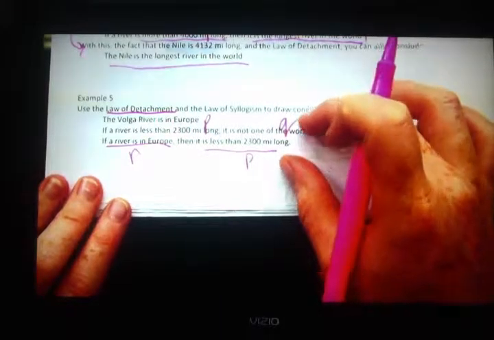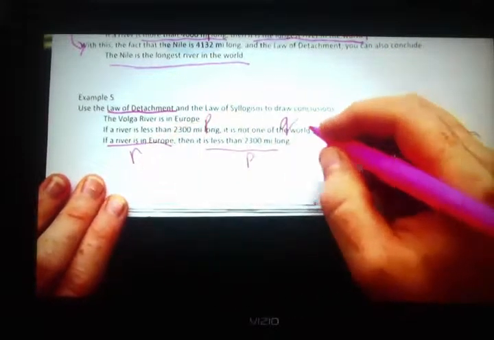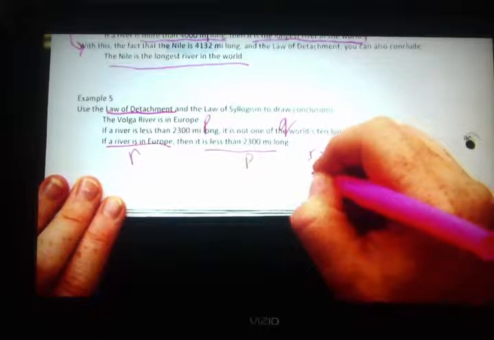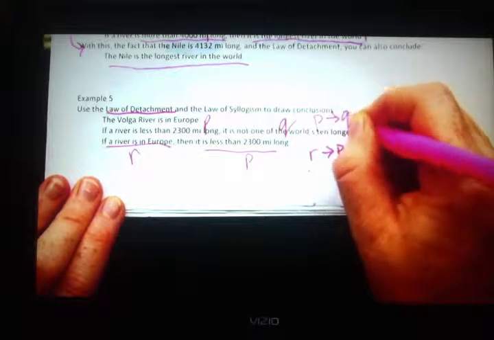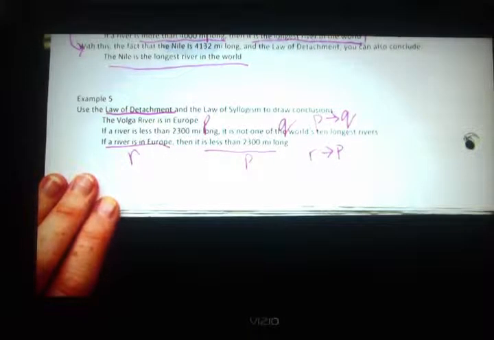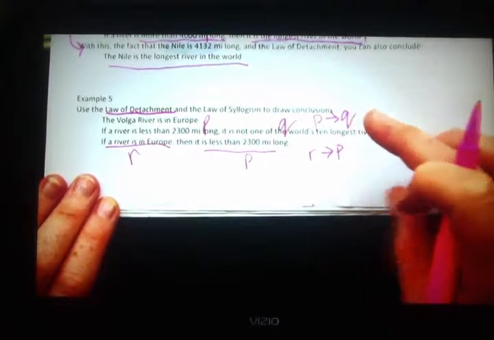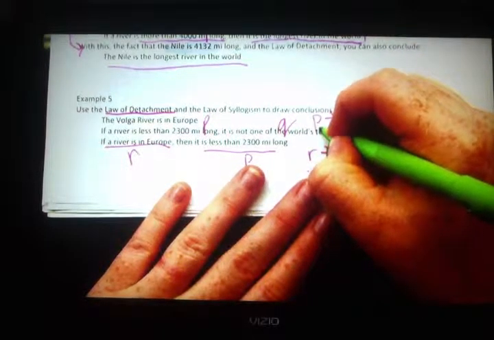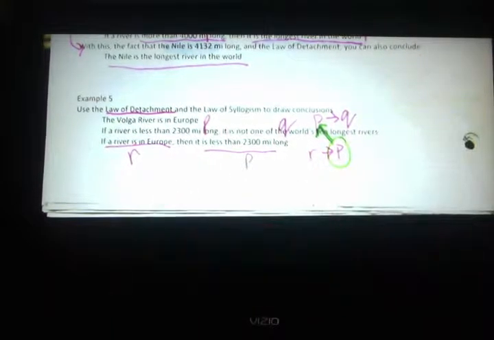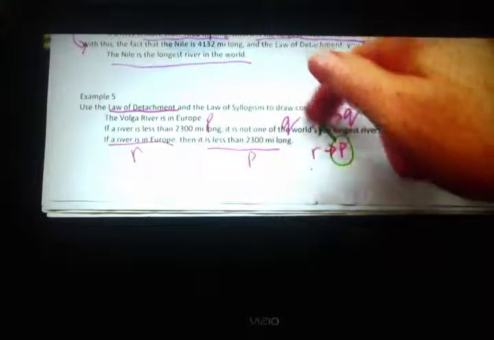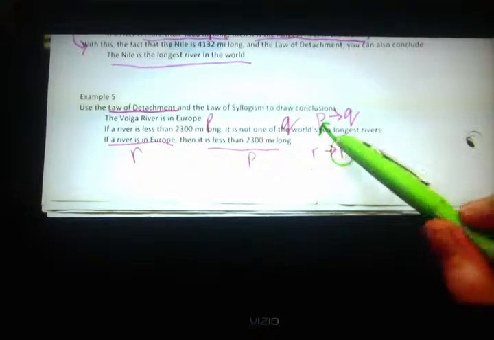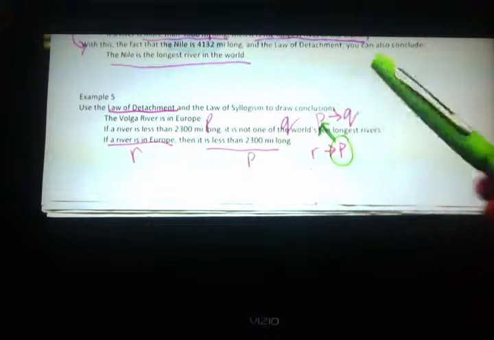Okay, so these two are technically a law of syllogism. We're saying if R then P for the second sentence, and up here we're saying if P then Q. Is one hypothesis the conclusion of something else? Well, yeah, it is. This conclusion becomes this hypothesis. So don't get confused. Even though this statement comes second, it's still a law of syllogism because one conclusion became a hypothesis.